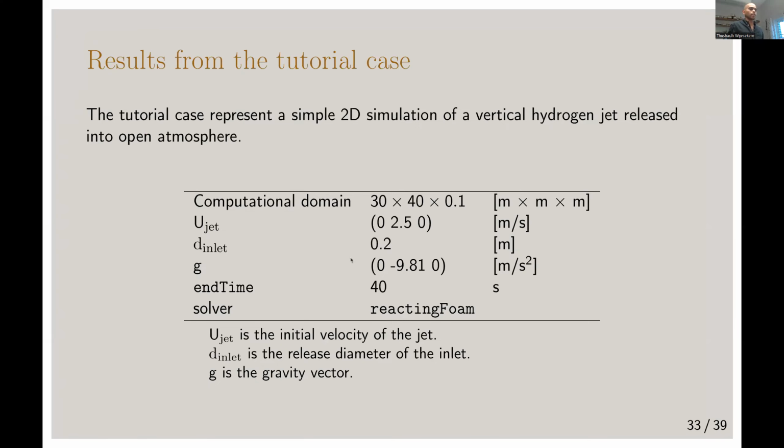So I will now finally show you some results and show you how the output looks. The tutorial case is a 2D hydrogen jet, which has a velocity of 2.5, and the diameter of the release size is 0.2 meters, 20 centimeters. The simulation runs for 40 seconds, and the solver I have used is reactingFoam for this case.